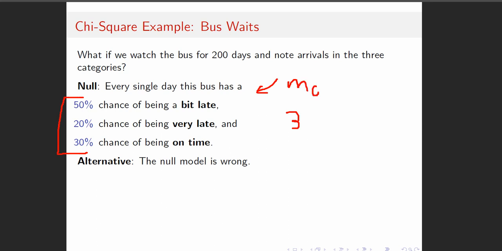So the probability model here is that the bus is going to be a little bit late 50% of the time, and it's going to be very late 20% of the time, and it's going to be on time about 30% of the time. And the alternative is that the null model is wrong, okay? Well, let's see what happens.